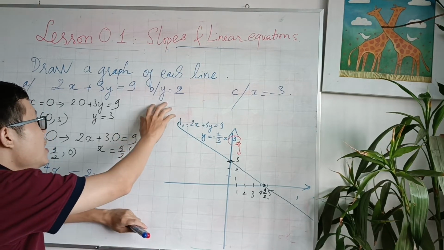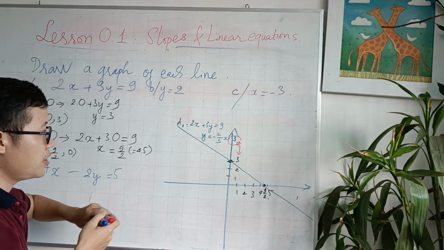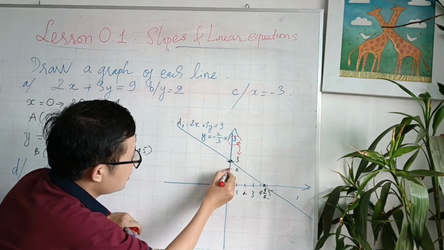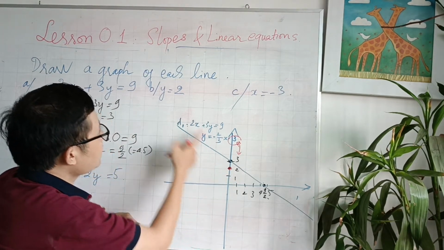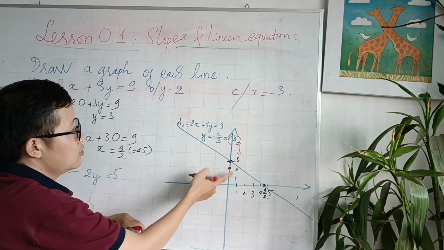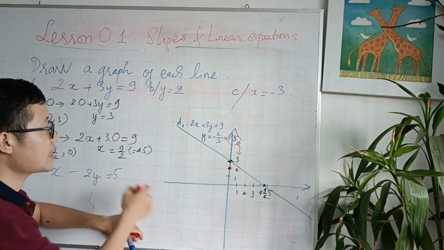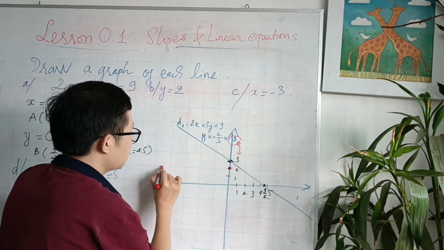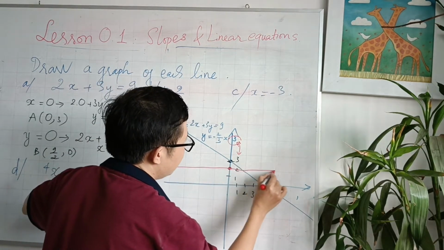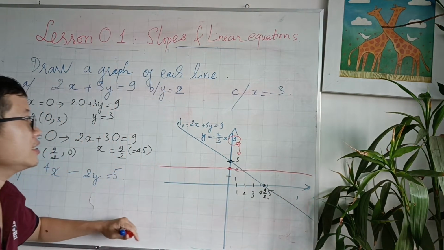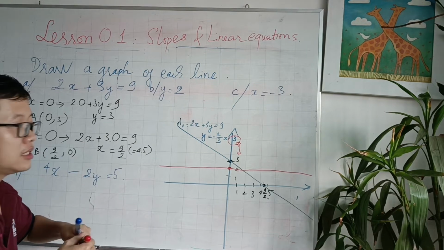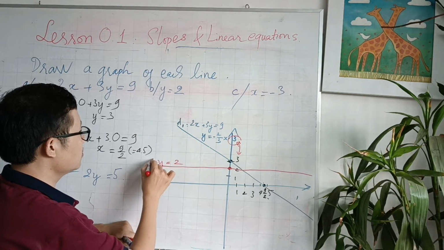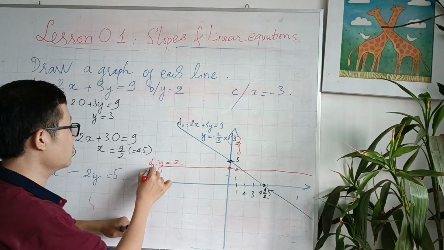So in question B, y equals 2, we choose the point 2 on the y-axis, and we sketch the line parallel to the x-axis. It's special but easy. It is the line y equals 2, D2.